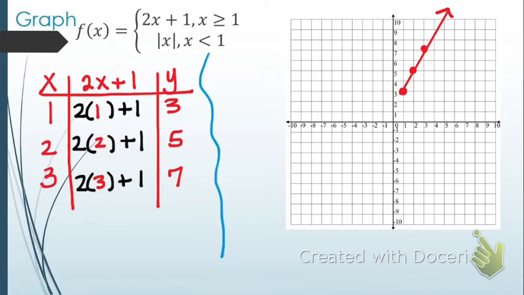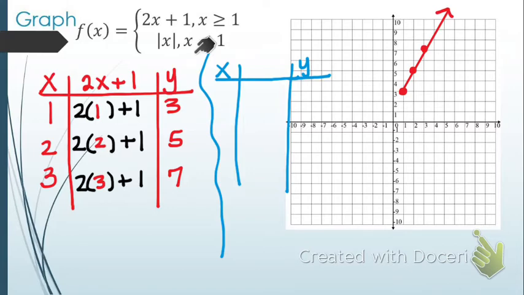Okay, so now let's do our second graph. And the second graph is an absolute value. So the second graph says that x has to be less than 1. Now, this is what I want to make sure you understand.